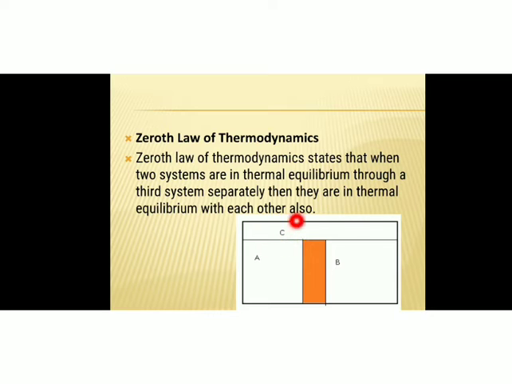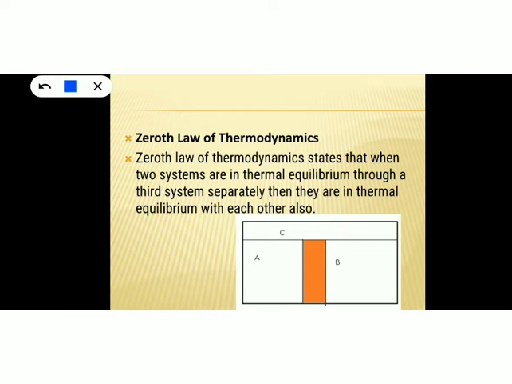Here we have considered three systems, A, B and C. Systems A and B are each in thermal equilibrium with the third system C separately.